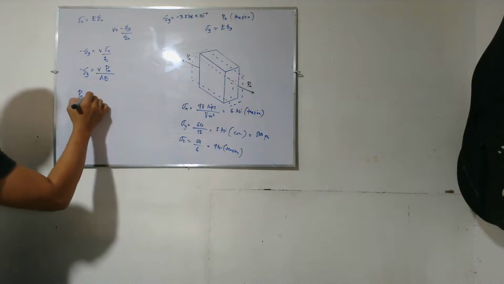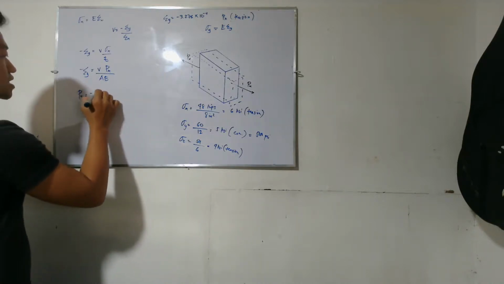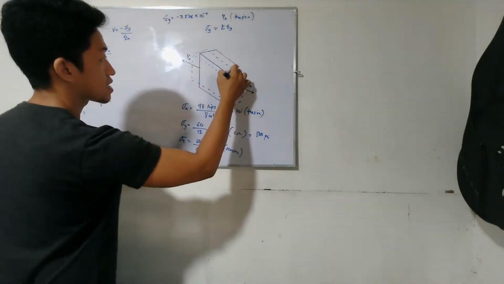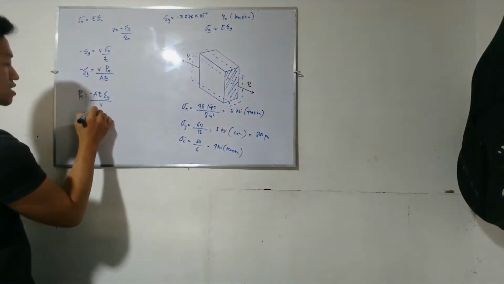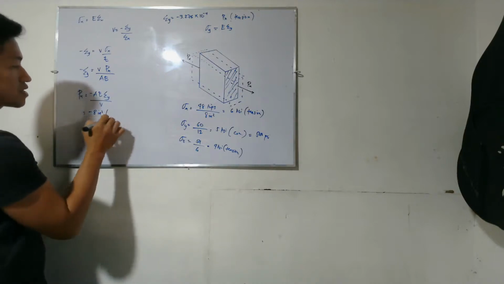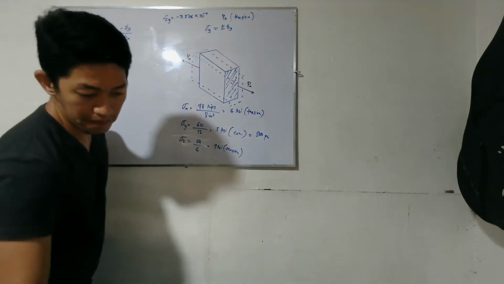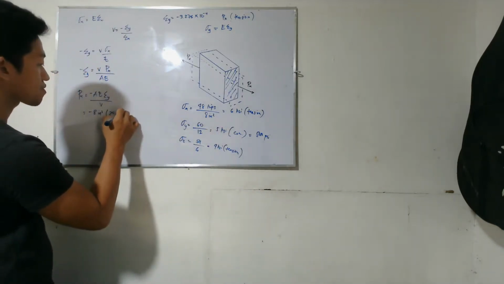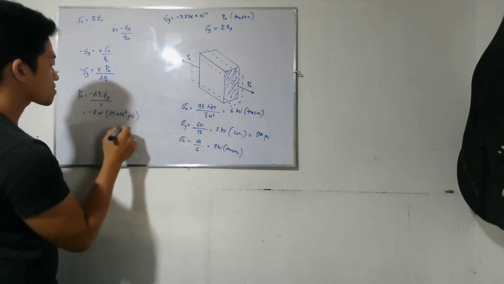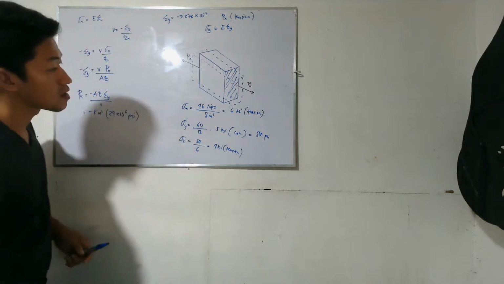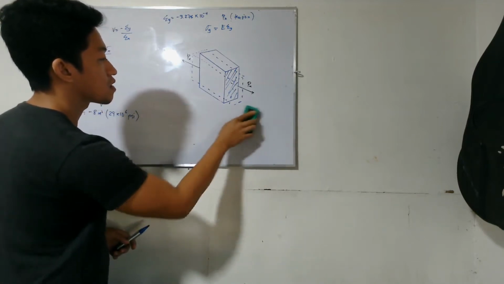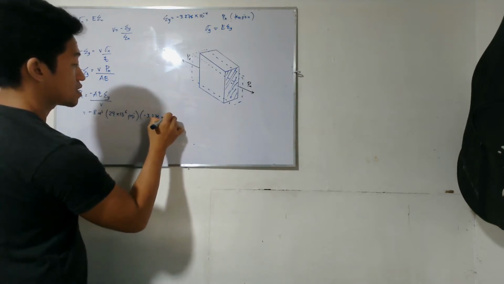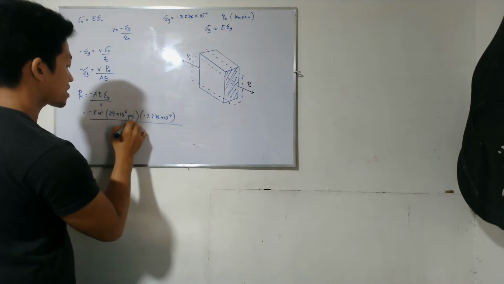So the force now is just A E times negative strain over V. The area is negative 8 square inches, E is 29 times 10 to the 6 PSI, and the strain is negative 3.276 times 10 to the negative 4 over 0.3.